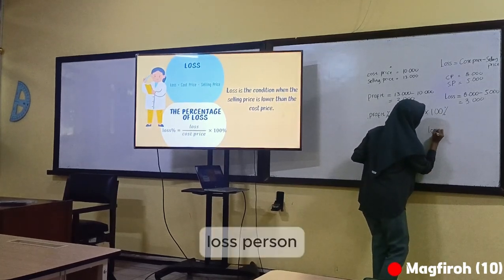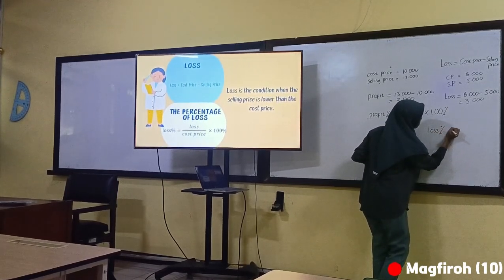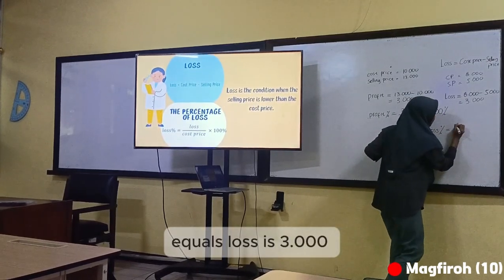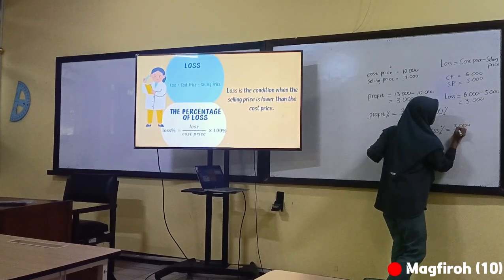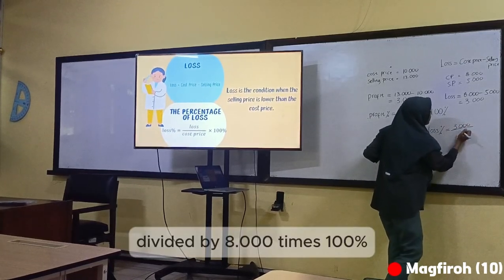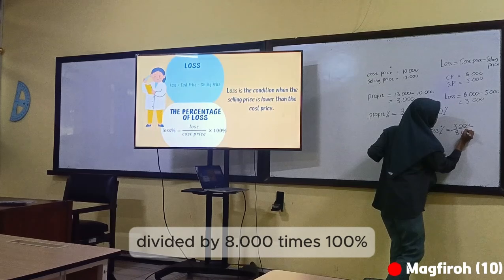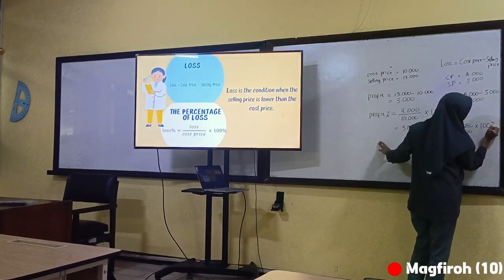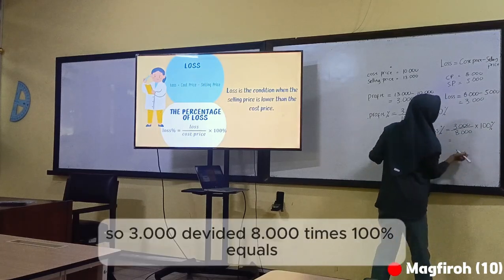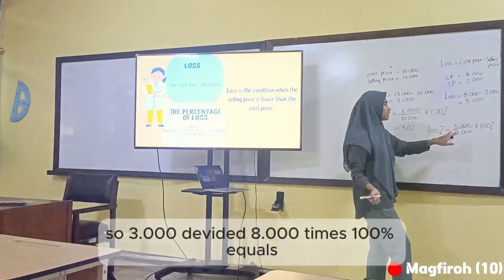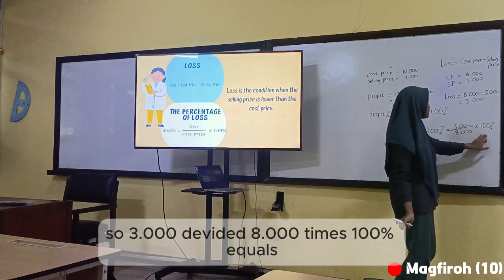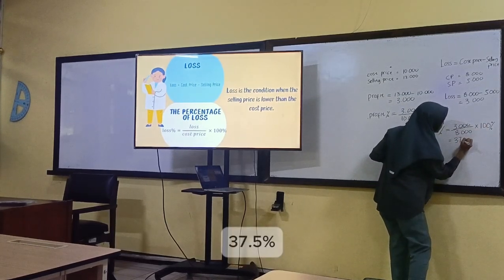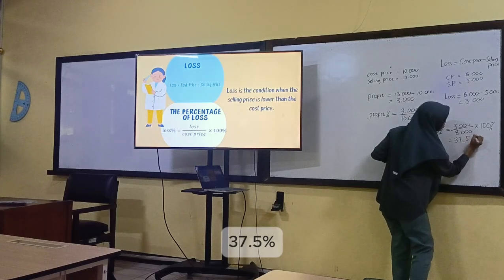So loss percent equals the loss, 3,000 rupiah, divided by 8,000 rupiah, times 100%. So 3,000 divided by 8,000 times 100% equals 37.5%.